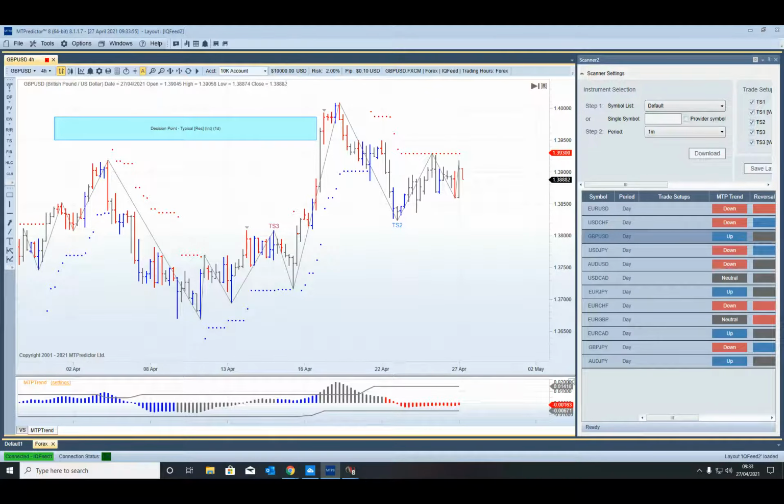So use the question and answer on the left-hand side. If you just move your mouse, it will bring up the questions and answers to the side, and then you can just type in the question you wish. I think everyone's quite quiet at the moment, so that's quite good. So hopefully you're all happy with what you've seen so far.